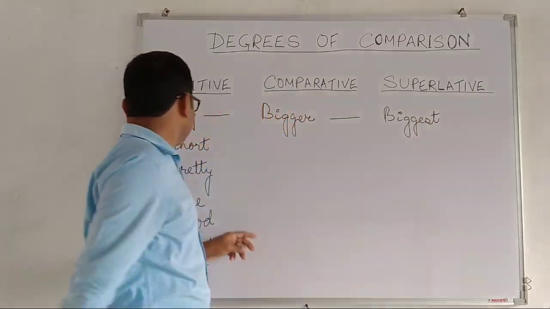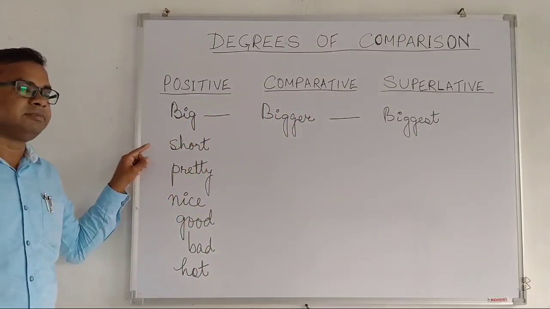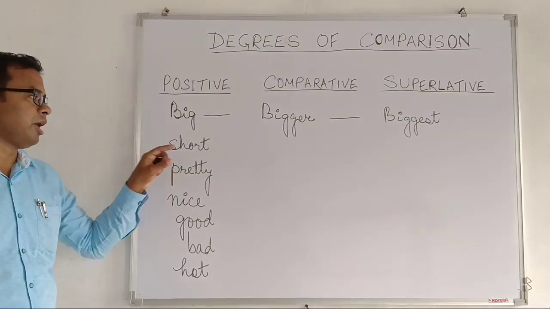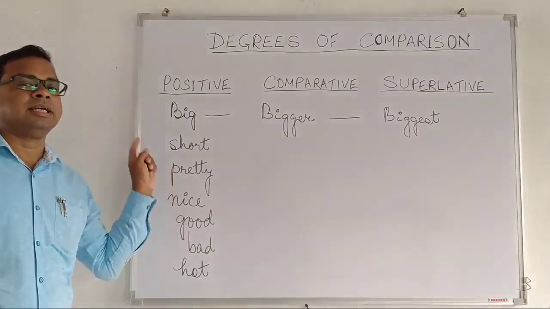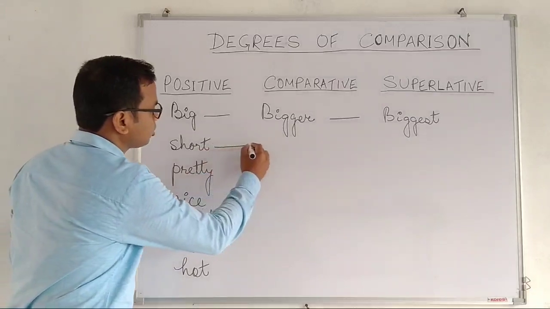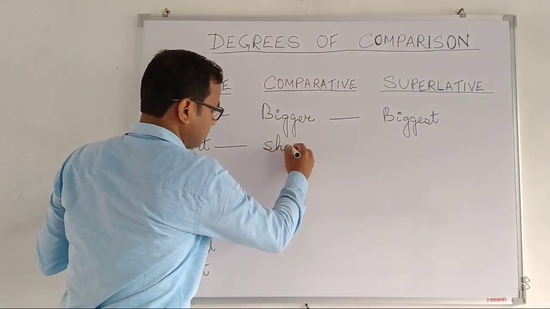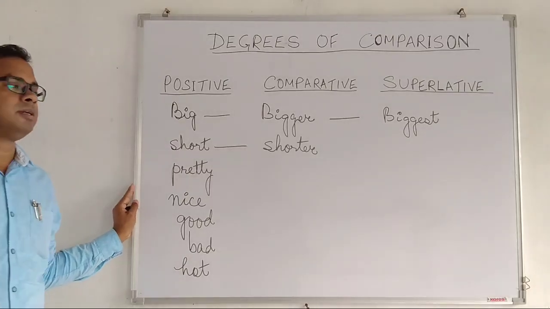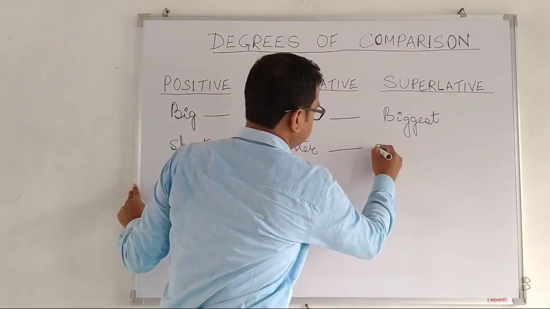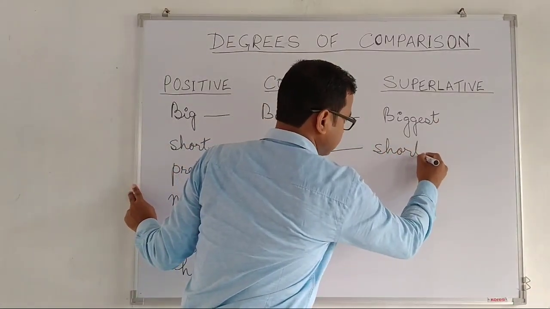Now go to the next adjective, that is short. So can you answer what will be the comparative degree of short? Yes, it is shorter. And what will be the superlative form? It will be shortest.